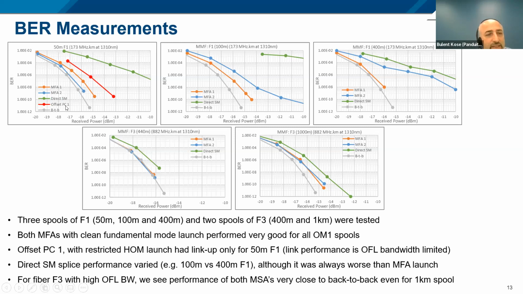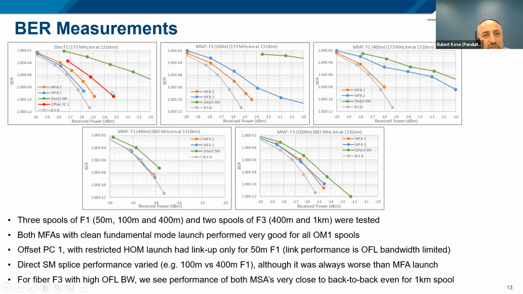I also see the offset patch cord performing well here, because this is a very short fiber. When you launch into all the modes, the high order modes, you utilize all of the bandwidth, and of course this fiber has a very low modal bandwidth. But at 50 meters, that corresponds to a good performance, so we can see that it actually works.